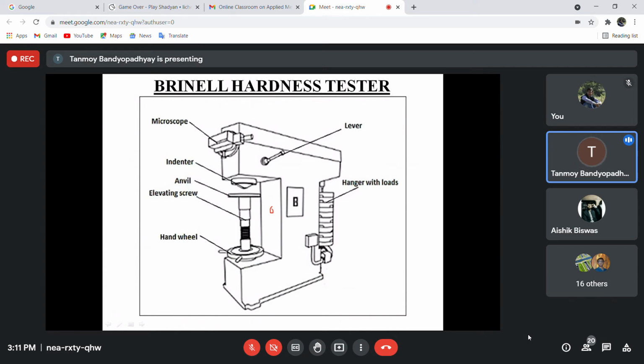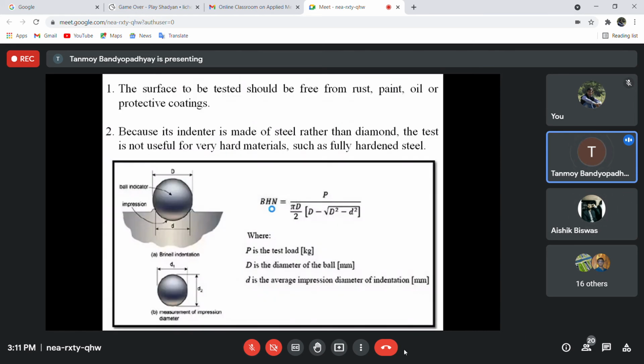Based on the material, you have to adopt the procedure that you will be using. Say, for mild steel, if it's recommended, you can go for the Brinell test. For very hard material, you don't go for the Brinell test, you go for other tests like Rockwell and so on.